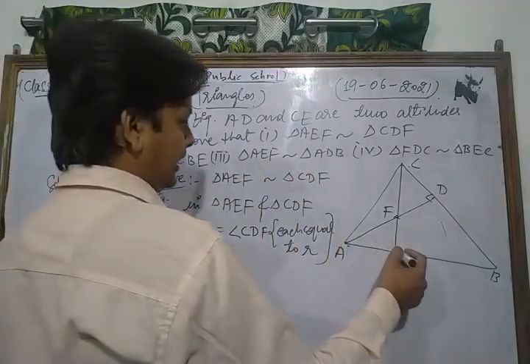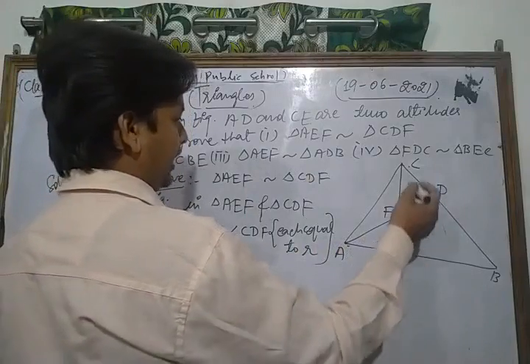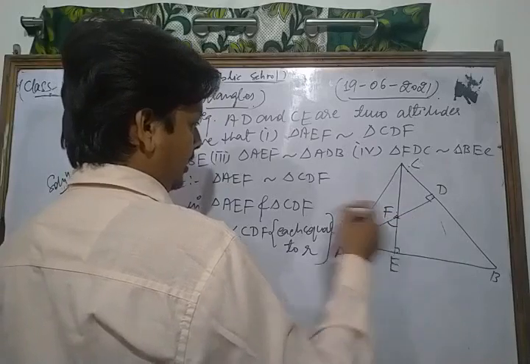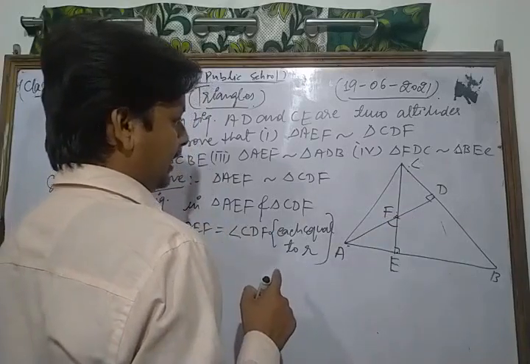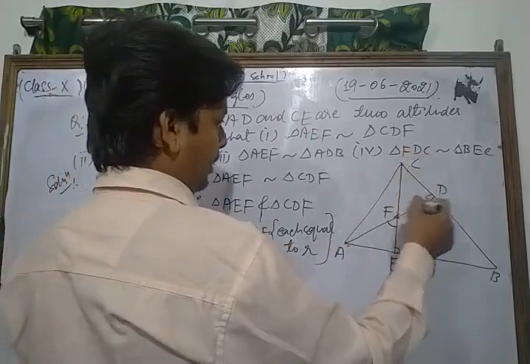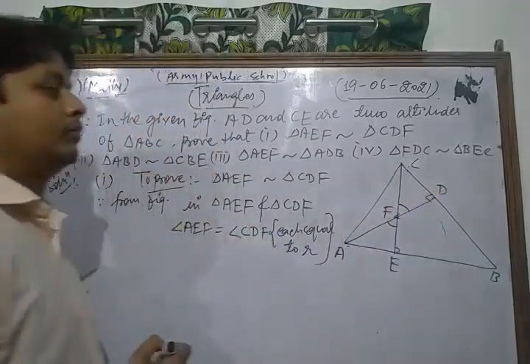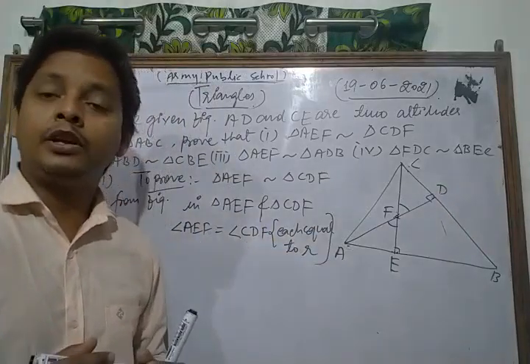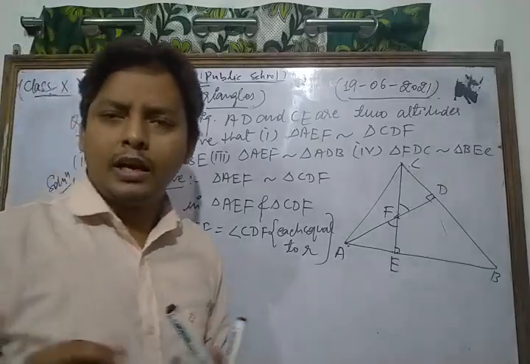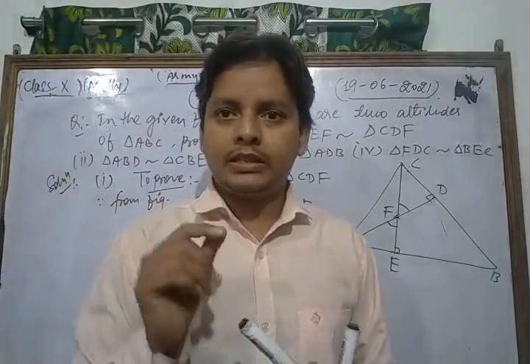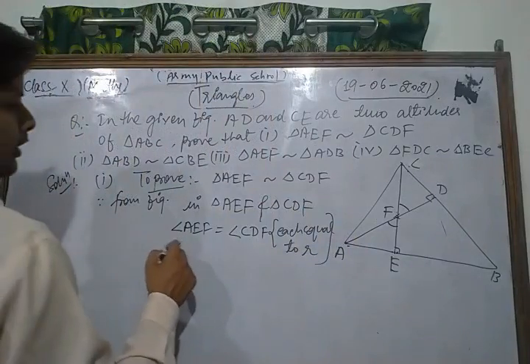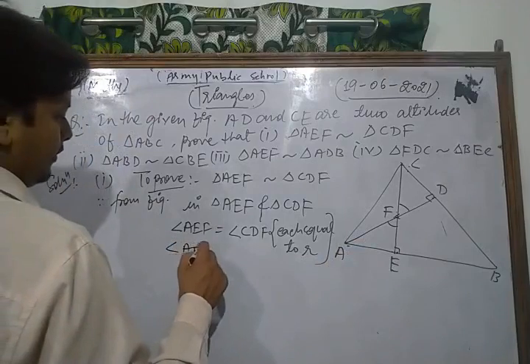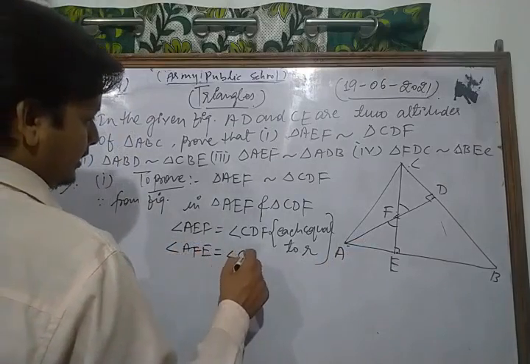In triangles AEF and CDF, angle AFE is the same as angle CFD, because these are vertically opposite angles, and vertically opposite angles are equal to each other. So again from figure, angle AFE is the same as angle CFD.